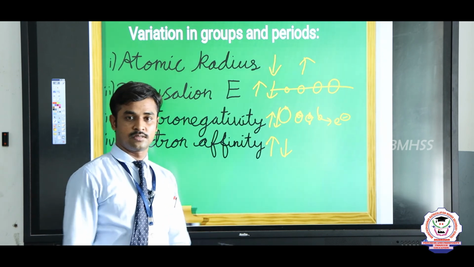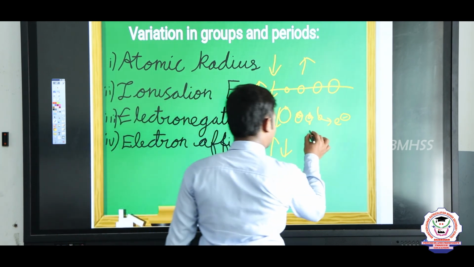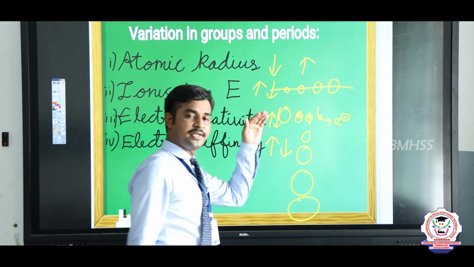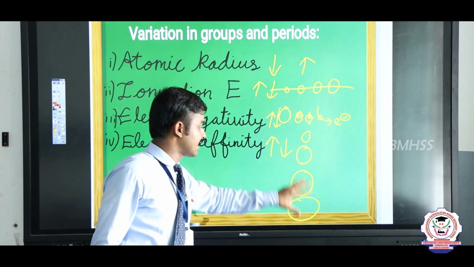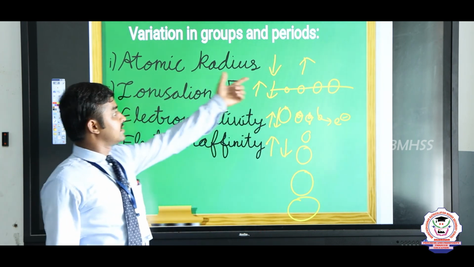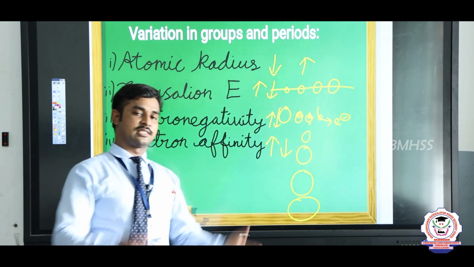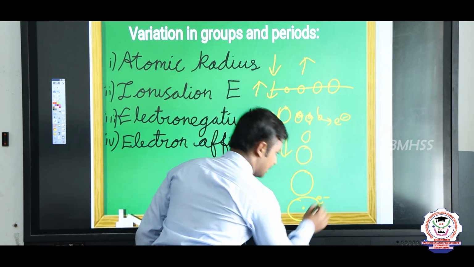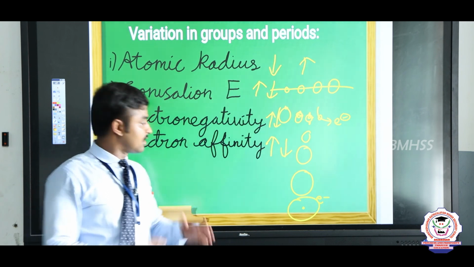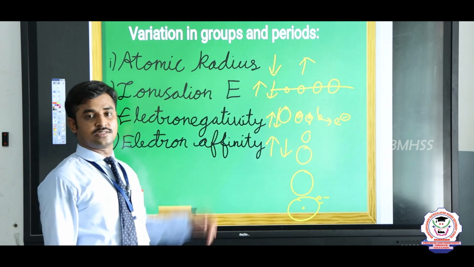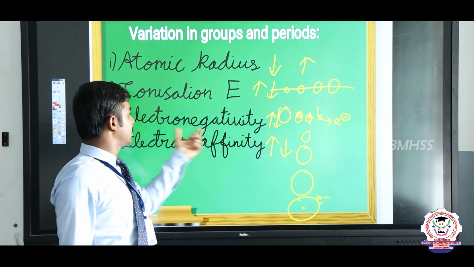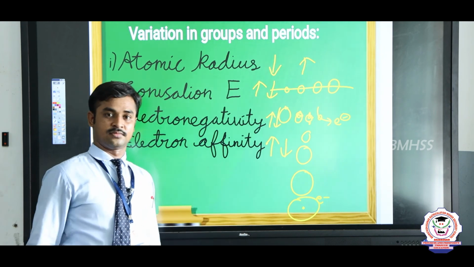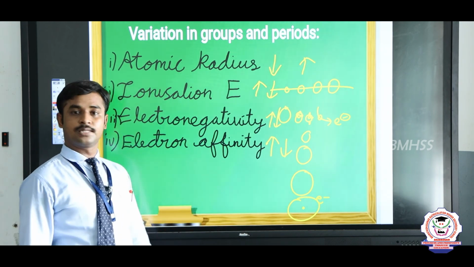Why do they decrease? Because in the column, when we go from top to bottom, the atomic size increases, so the atomic radius increases. When the atomic radius increases, the distance between the nucleus and the electrons is larger. Due to the larger distance, the ionization energy is reduced, and the electronegativity and electron affinity are also reduced. So, this is the concept of variation in groups and periods.